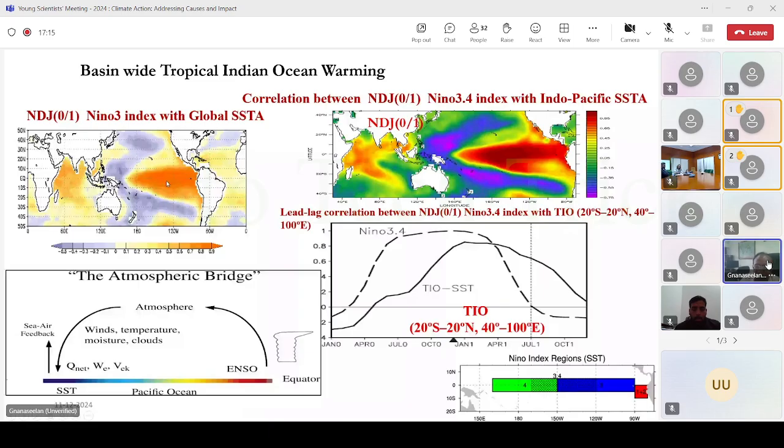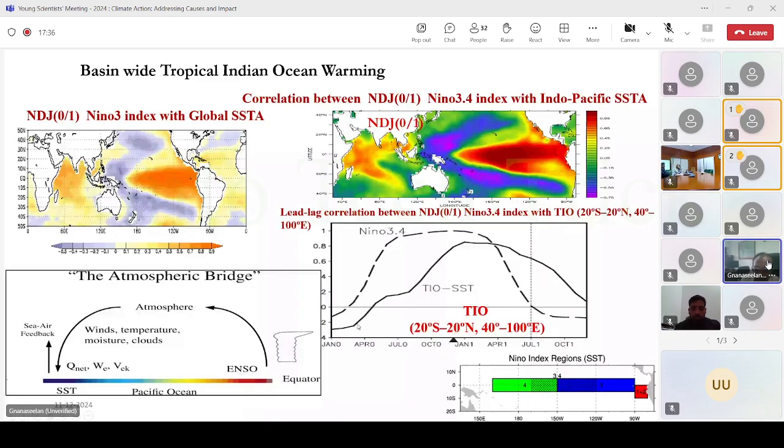And what is important is, if you look at the ENSO El Nino evolution, it evolved about a year back, and it persists for a long time. And this is the next year. By April, they decay. But in the Indian Ocean, this is the simultaneous tropical Indian Ocean SST.